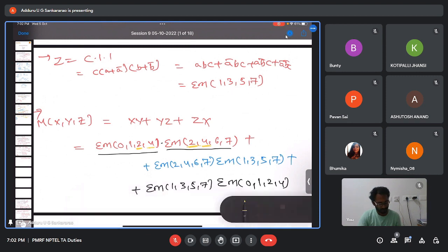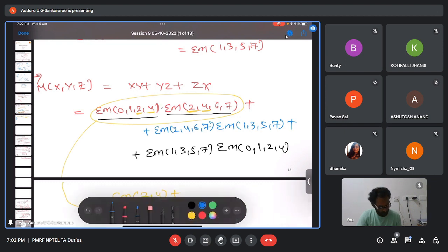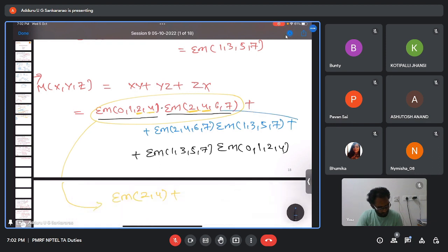Hope you know this. So from this, the first term we get is sigma m of 2, 4, since 2 and 4 are common. Now the second one, what are the minterms common in this? Only 7 is common.